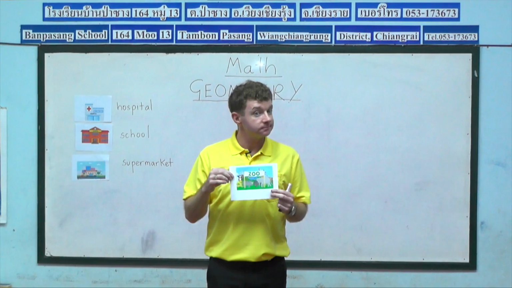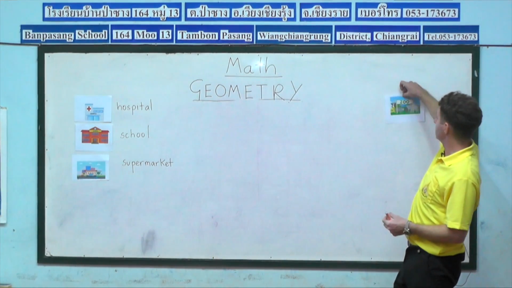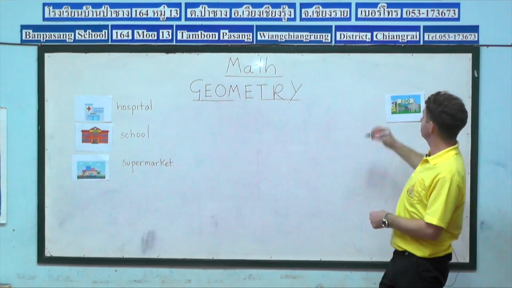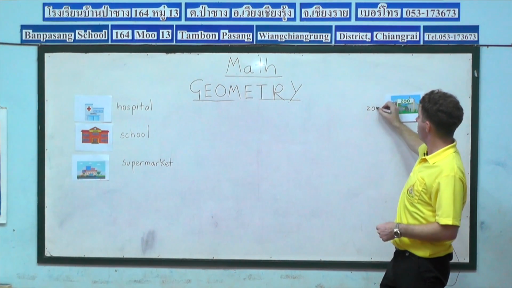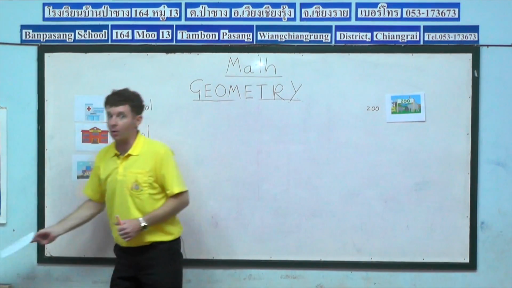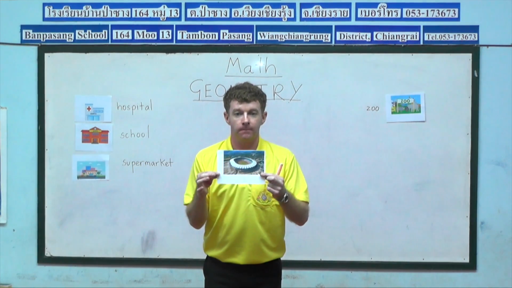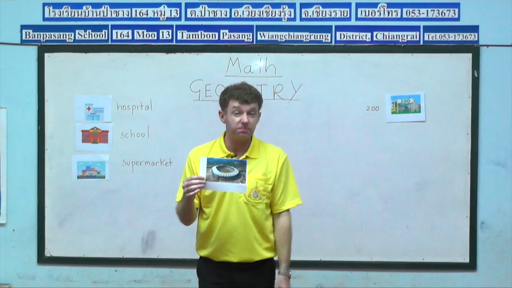Here's a fun place to go. The zoo. Yes. What can we see at the zoo? Animals. Yes. Z-O-O. And here we can go if we want to watch our sports teams. Stadium. Yes, football stadium.